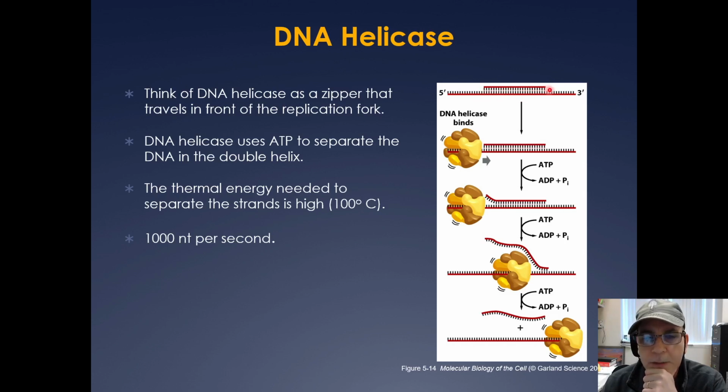For example, if you want to break those hydrogen bonds, you're basically going to have to heat the DNA to 100 degrees Celsius. But DNA helicase actually uses ATP to sort of unzip the two strands of DNA. And this enzyme can actually travel very fast, 1,000 nucleotides per second, as it's going down the DNA.